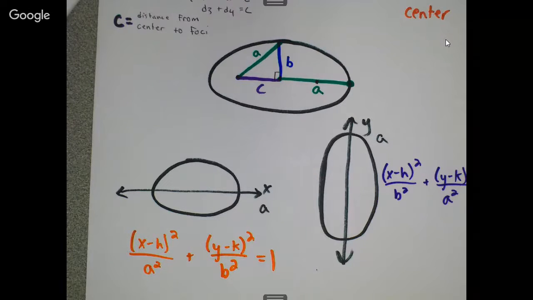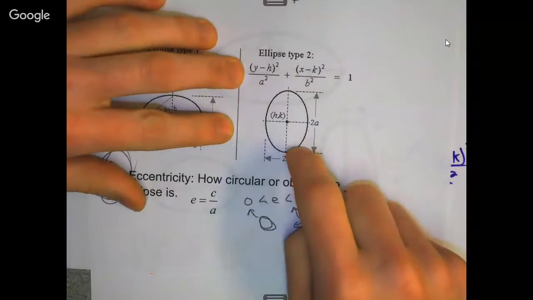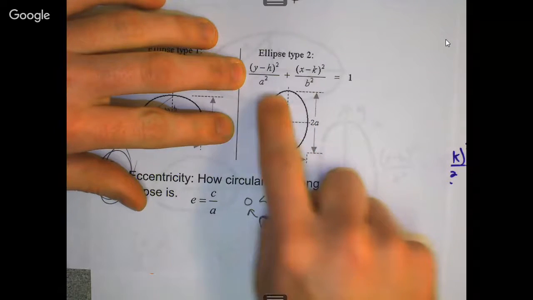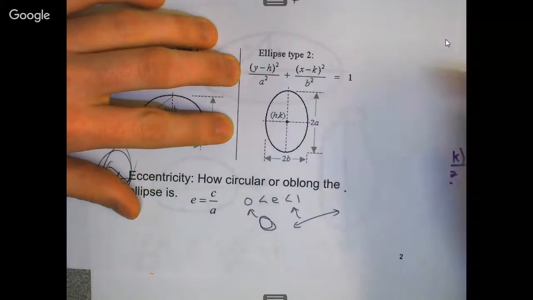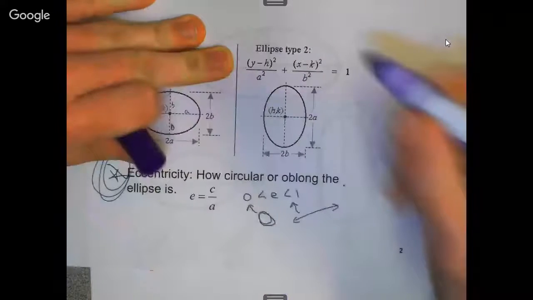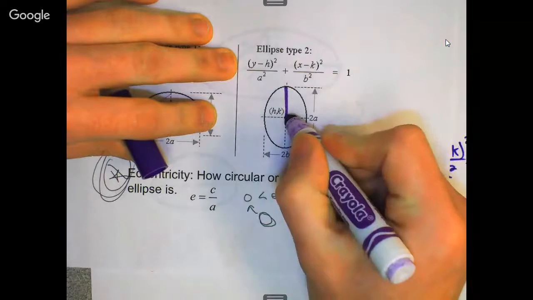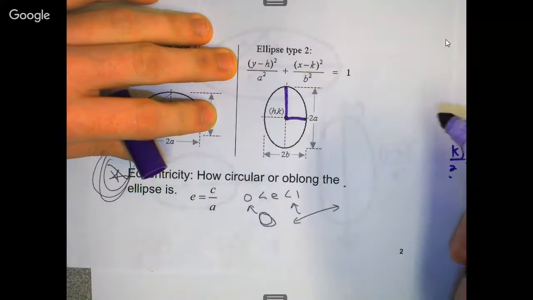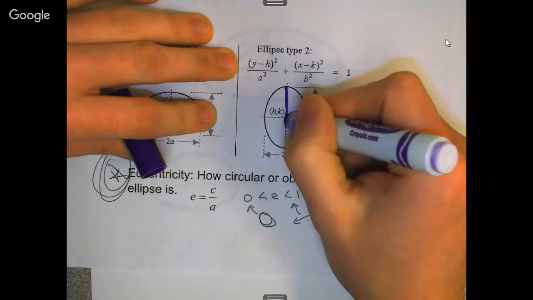Okay, so I have maybe a better drawing here of what's going on. If your ellipse major axis goes vertically, your a is going to go with your y. Now a is the distance from your center to your major. B is the distance from your center to your minor. And then C is the distance to your foci.